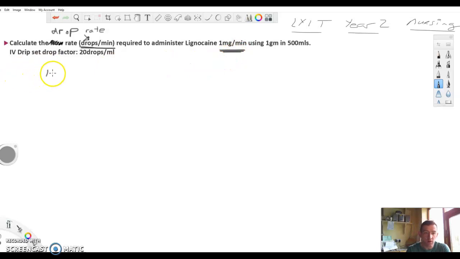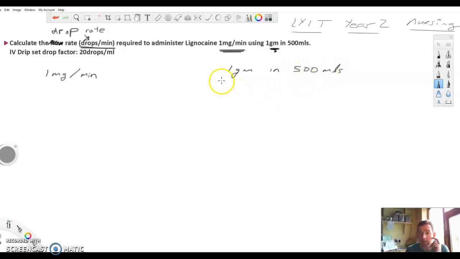Right, so we're supplying 1 milligram per minute. We can write it like that. And we're told that we're using 1 gram. Now that's not a milligram, that's a gram. 1 gram in 500 mils. So in each 500 mils of this stuff, there's 1 gram.